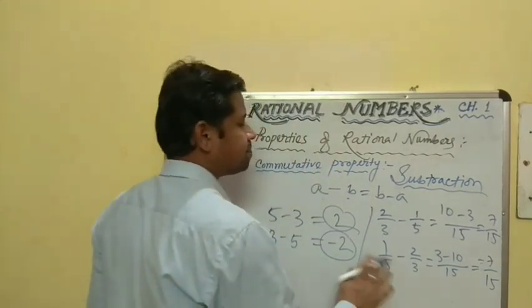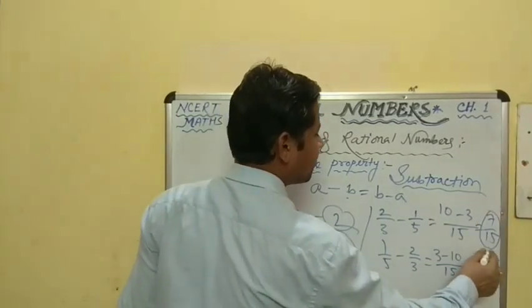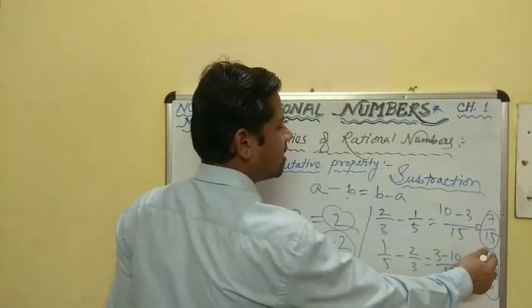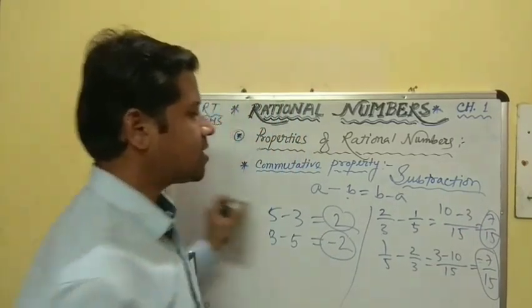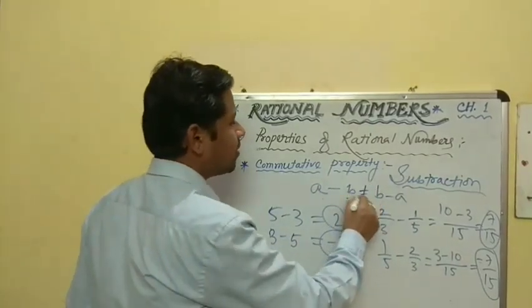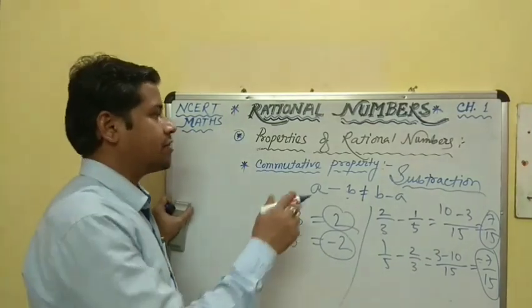See here, both results are different. One is 7 by 15, another is minus 7 by 15. They are not equal. So in this case, we say that a minus b is not equal to b minus a for rational numbers.